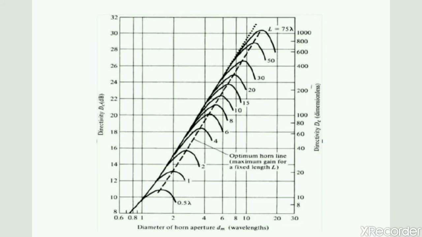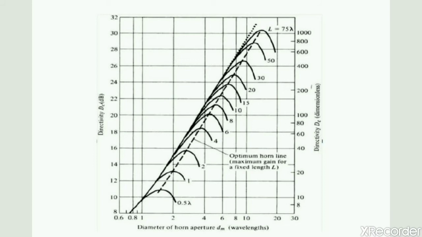The middle line shows capital L, which is the flaring length or axial length. For the starting point there is a 0.5 lambda flaring length, but as we increase the diameter of horn aperture, the directivity also increases, and there is an increase in the axial length up to L equal to 75 lambda.